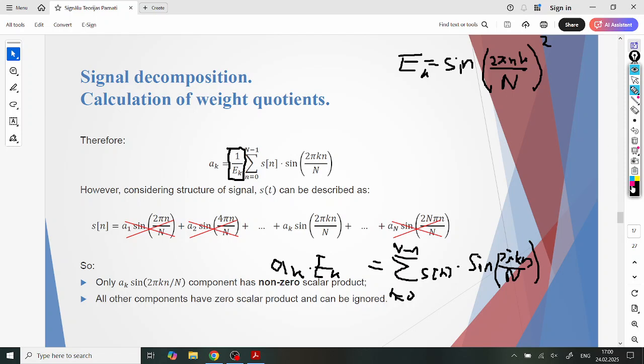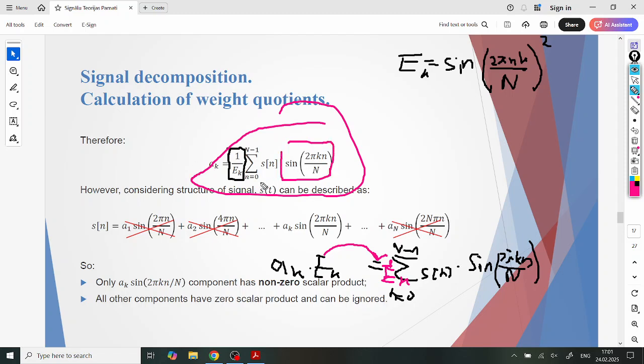Now, to express this pure contribution AK, all that we need to do is to move this in front of here. And that's the actual final formula which you can use to extract the component's value. So you have a signal, then you multiply your signal with the base function in question for which you want to find this contribution, and you get an answer, this contribution.